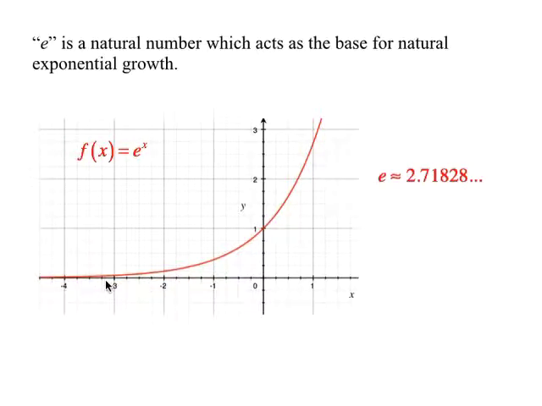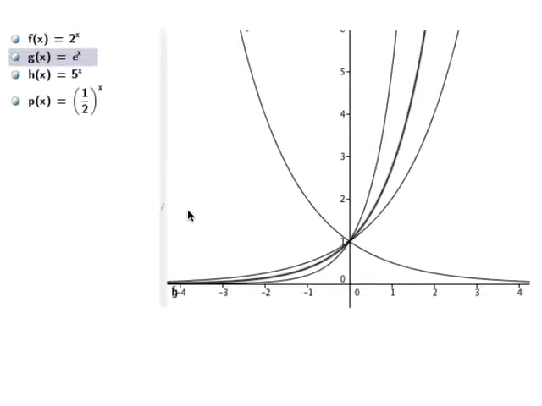It's going to look almost exactly like 2 to the x. It's still asymptotic to the x-axis. It still crosses the y-axis at 1, and it's still an increasing function. The only difference is that these basic shapes are going to be a little bit flatter and then come up steeper.